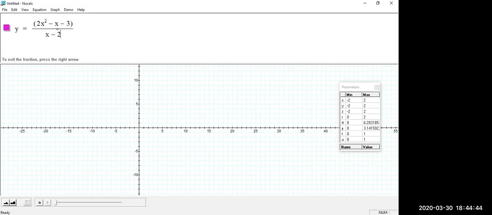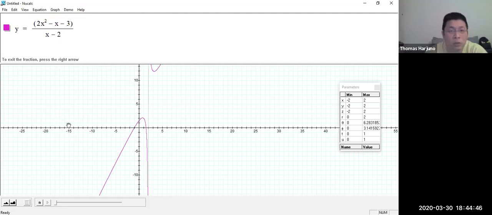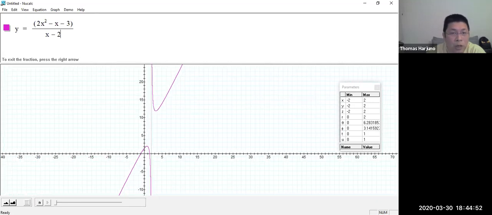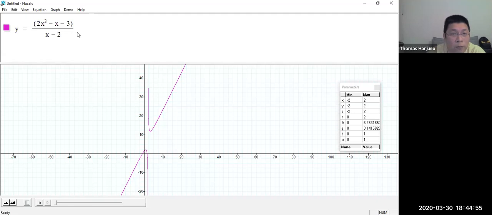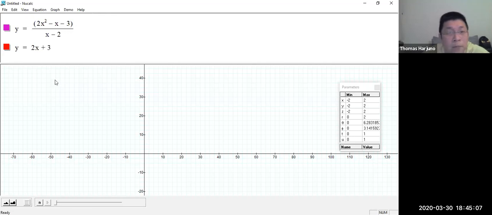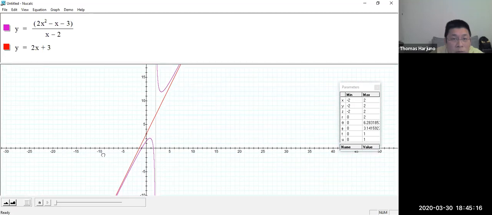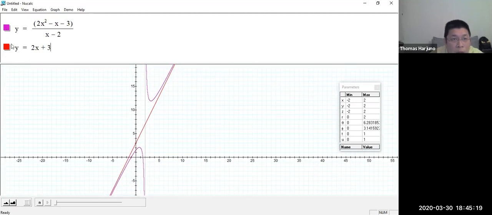Am I right? Yes. So this is what the graph looks like. If I zoom out, that's what it looks like. Now, if you want to see the slant asymptote better, let me put it here. I believe that was y equals 2x plus 3. So the red color is the slant asymptote and the purple color is the graph that we look for.